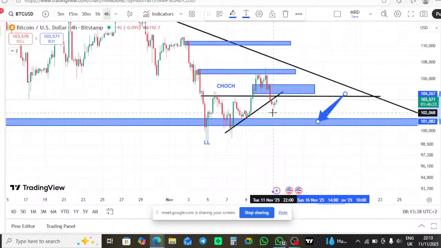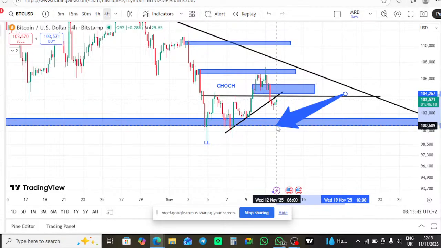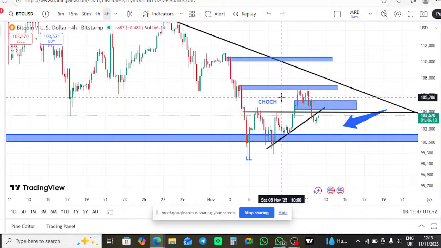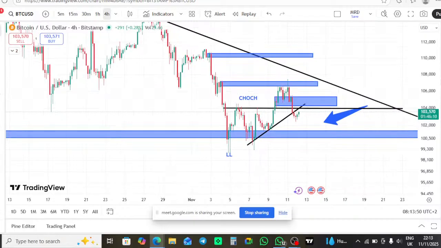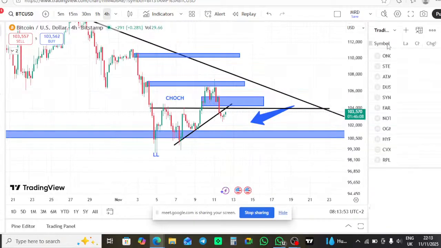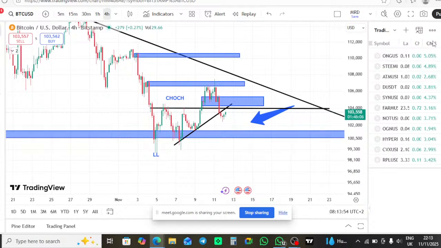But in case of anything, if we come back into our trend line again, automatically there will be a change. We are not going to look at this as an example, but I'm going to get another coin that we are going to use as an example.